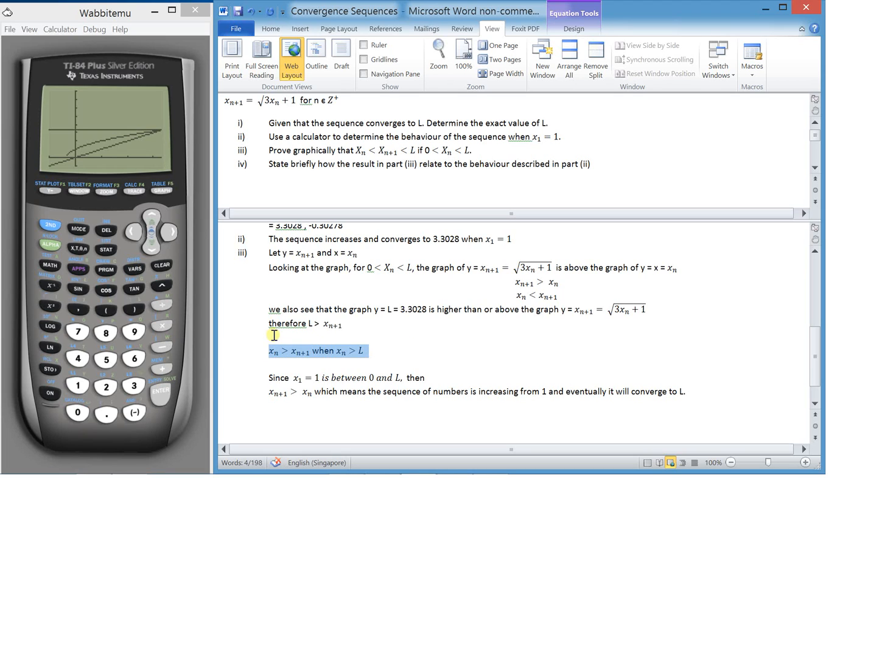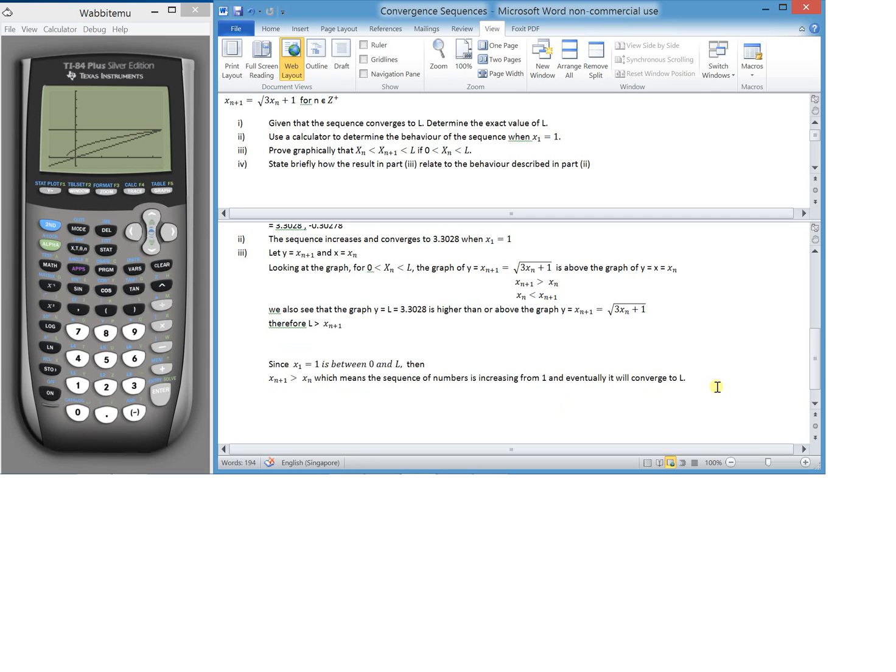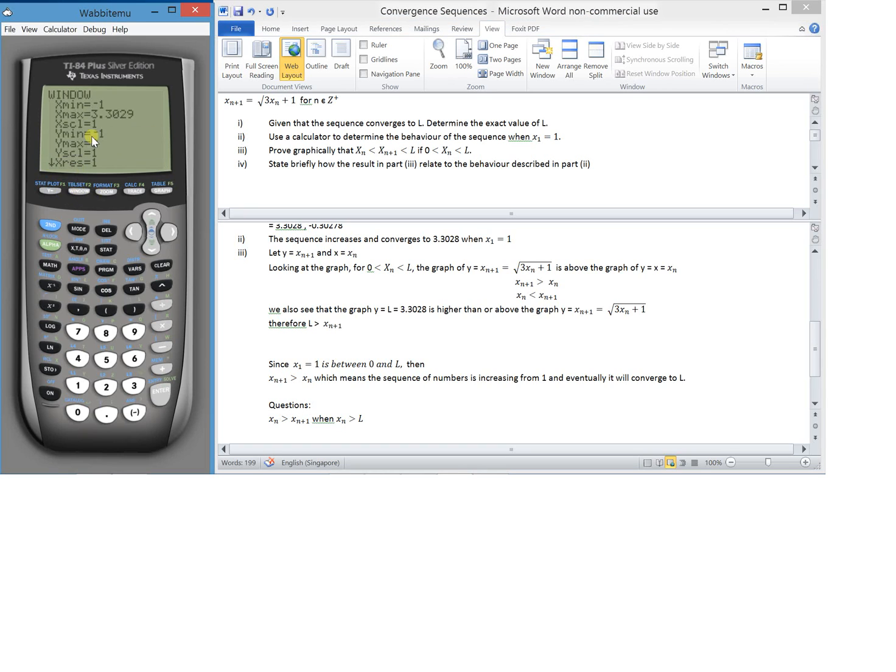So I'll leave it as a question for you. You need to look at this part of the graph. The maximum value I will now put as 10 perhaps, so that you can see the other part of the graph that is greater than 3.3028.